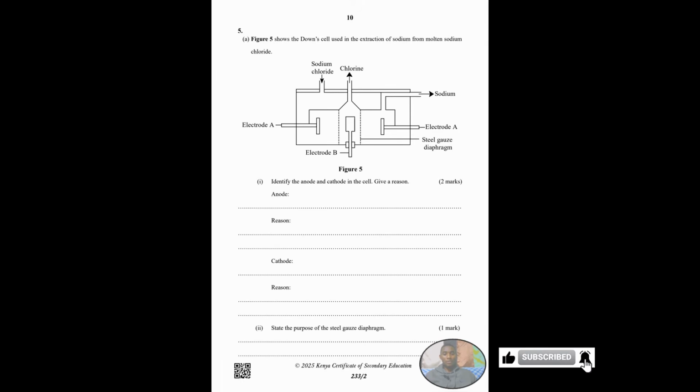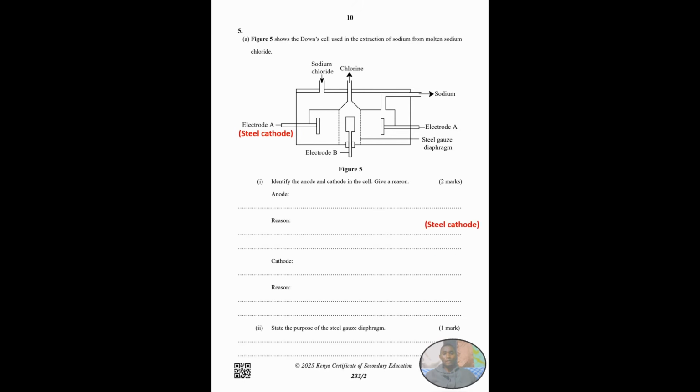And the down cell consists of several parts, whereby we have a brick coated tank, and then we have the electrodes, and we also have a steel gauge diaphragm. So we have electrode A. Electrode A, these are what we call the steel cathode.